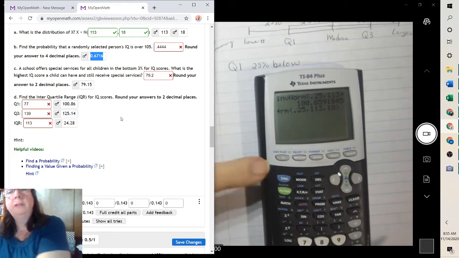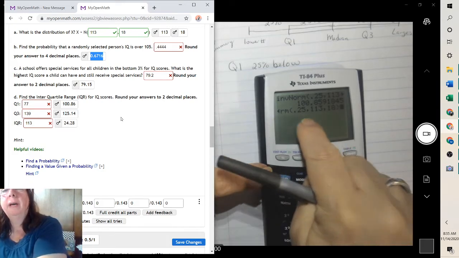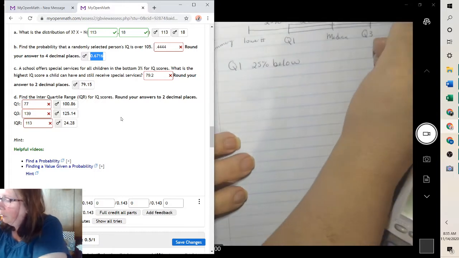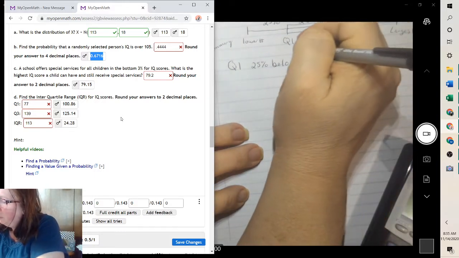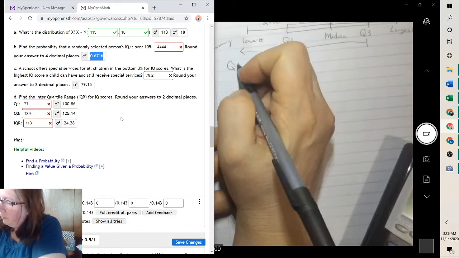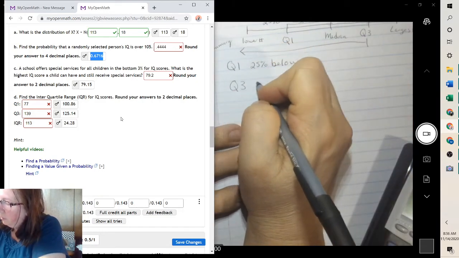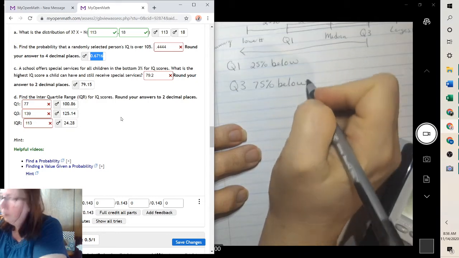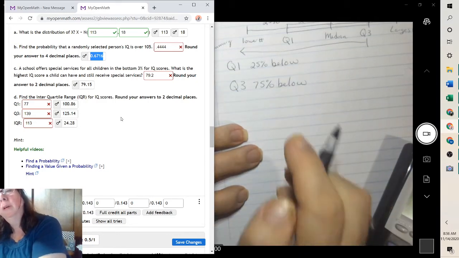For Q3, when you hit second and enter, it brings it back up. And Q sub 3 starts here. The percent below it, 25, 25, and 25, 75% below it. So 75% of the data is below Q3.